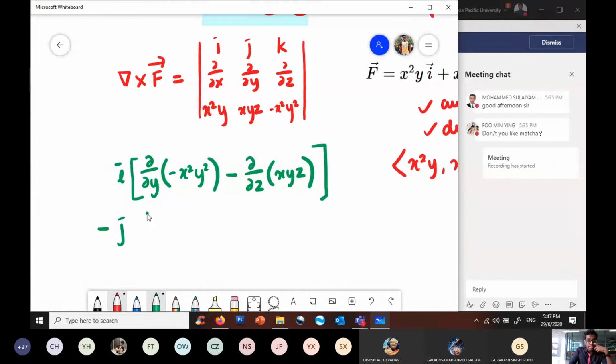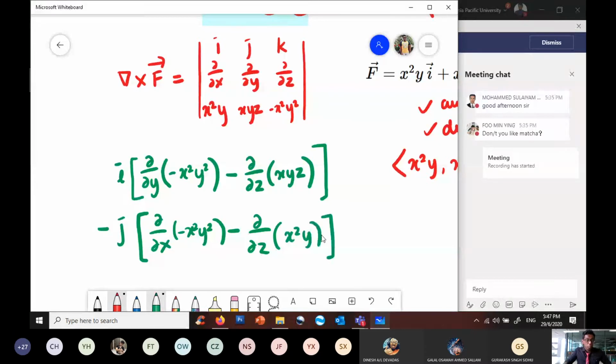So now, putting in for j, cross product again: dou over dou x multiplied by this, which is negative x square y square, minus dou over dou z multiplied with this, x square y. So done for the second component.